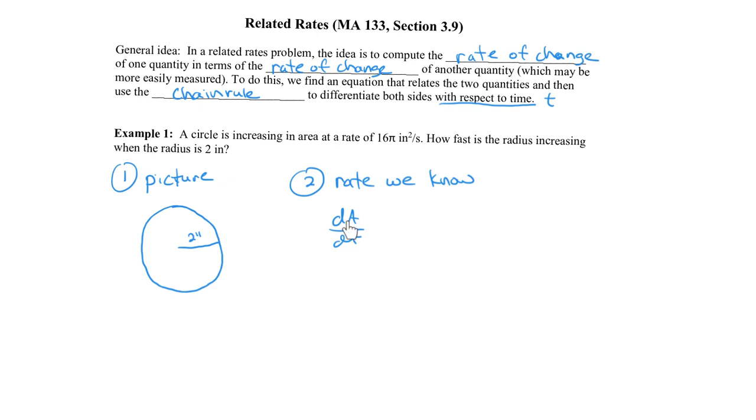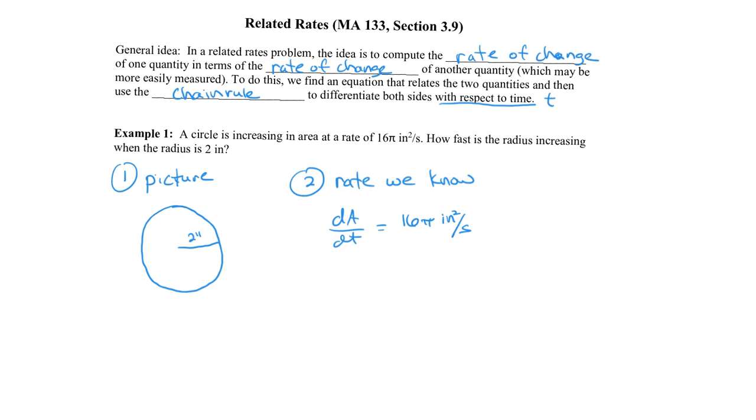And I'm purposely going to use this as opposed to just saying A prime. I'm going to write it this way because, although this is a bulkier way to do it, with related rates this notation will make it easier for us to keep track of everything. So this is dA/dt, so we know what variables we're talking about. And it tells us that this is 16 pi square inches per second. So that's the rate we know.